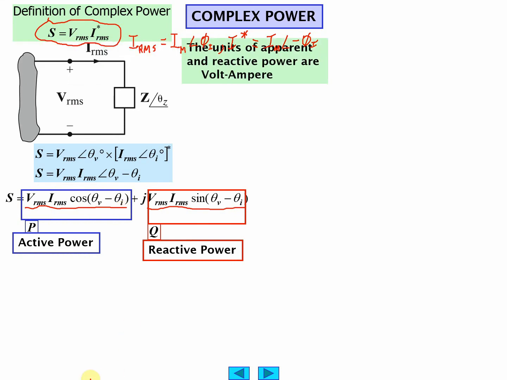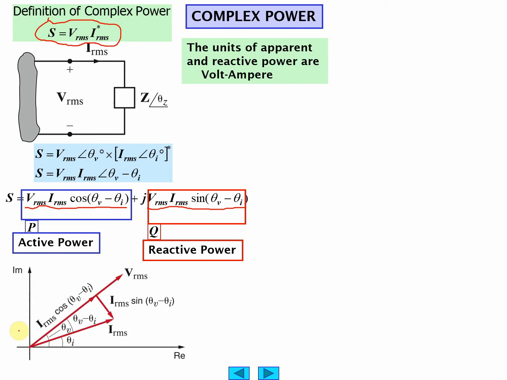Okay. Let me do some erasing here. They're both in units of watts, which is the unit we use for power, and volt amperes, in other words. This is a diagram of how things work. So this is the real part. This length along here is the active power, V_RMS times this is the active power.